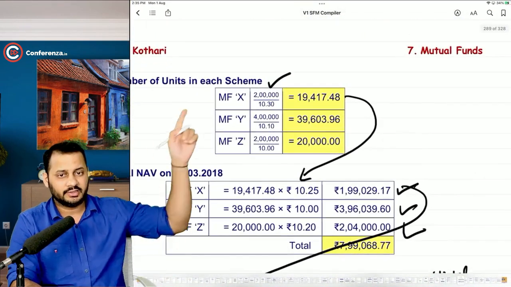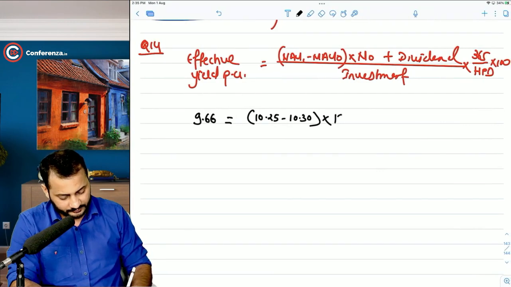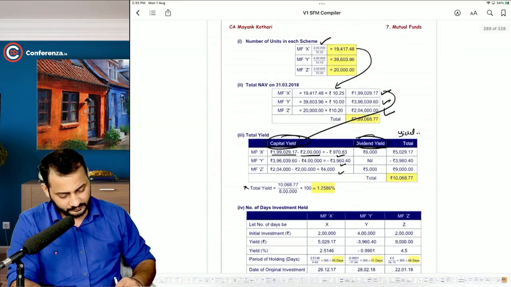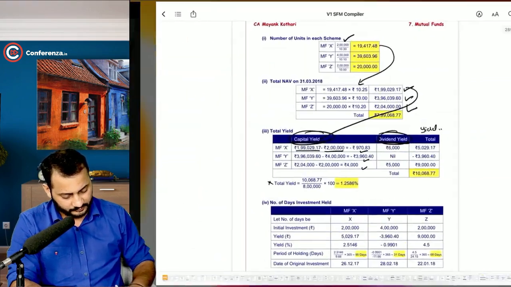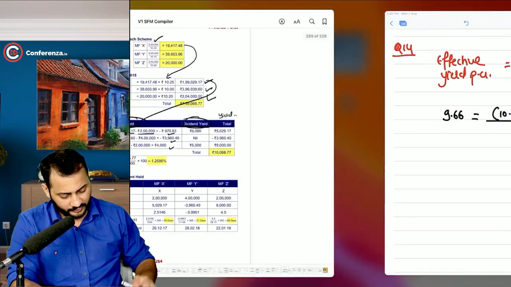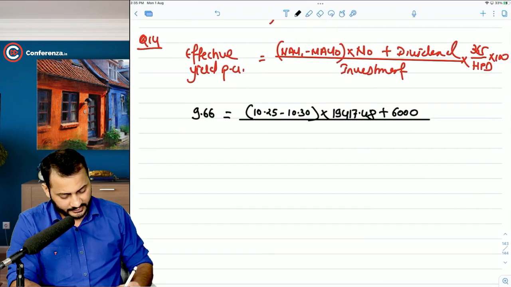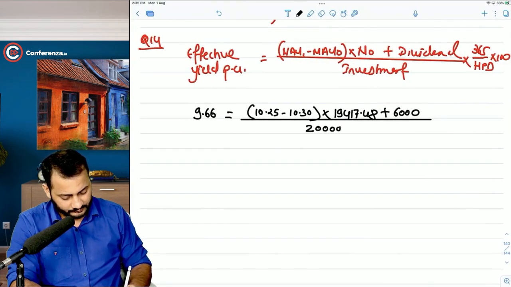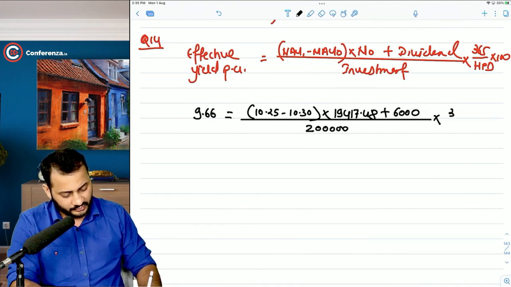In the first part it is 19417.48, plus dividend 6000, divided by investment. How much? 2 lakhs, into 365 holding period days into 100.